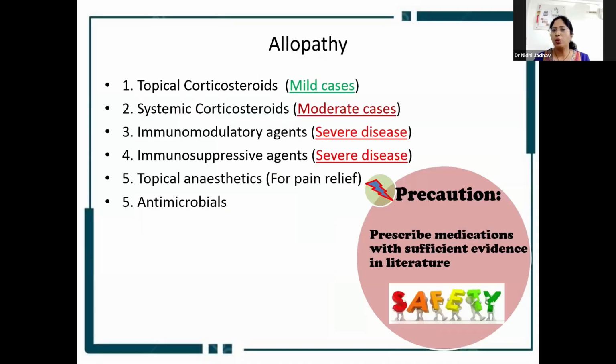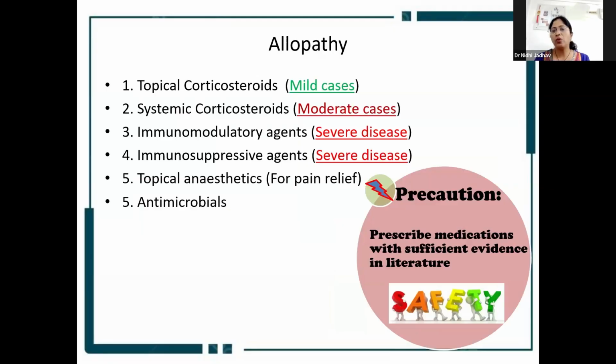So, coming to the allopathy part, the pharmacological treatment that we as dentists most commonly follow. We can use topical corticosteroids for the mild cases. We can use systemic for the moderate cases. Then immunomodulatory and immunosuppressive agents can be used for the severe form of the disease.